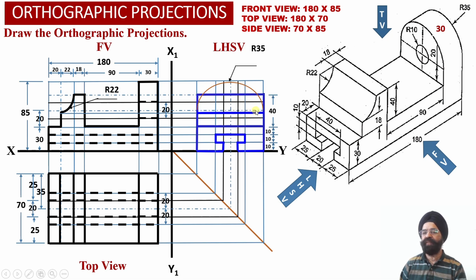So these projections will be called apparent shape projections over here. So now we know that this surface is lying onto the rear side of element number 2. We know that into the left hand side view projections up to a height of 70 millimeter from the ground, the projections of the element number 3 will be covered by projections of the element number 2 over here.